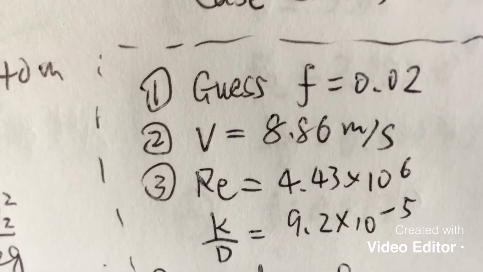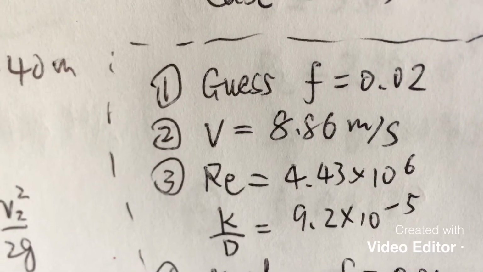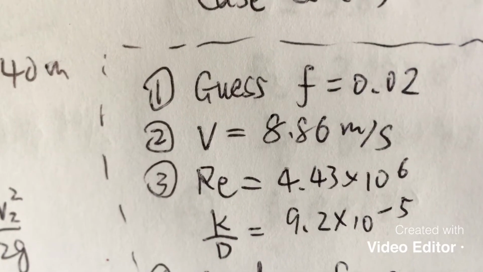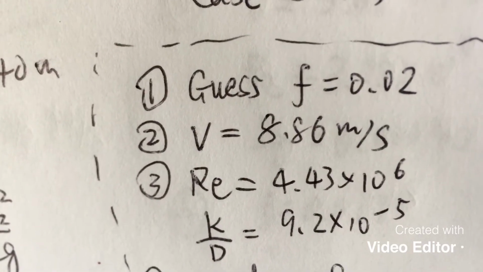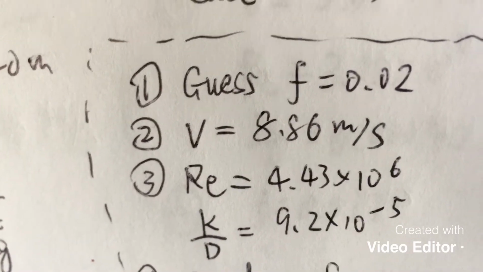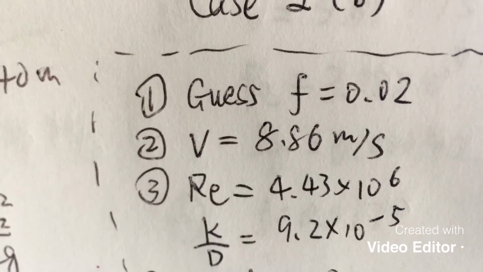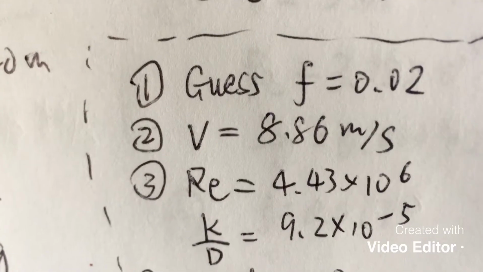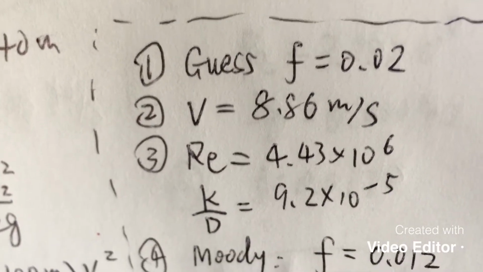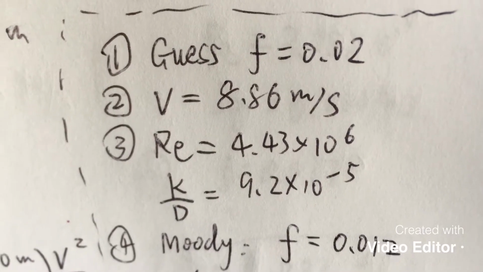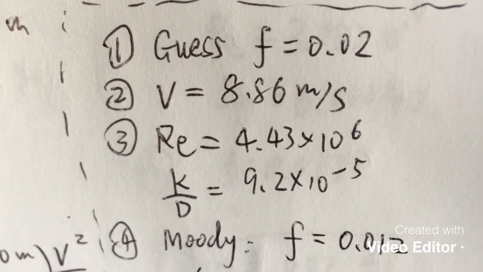With the surface roughness, which is a steel pipe, from the table we can find the relative roughness, 9.2 times 10 to the negative 5. So with the Reynolds number and the surface roughness, the bottom axis and the right axis of the Moody diagram, we can find our F, equals 0.012.